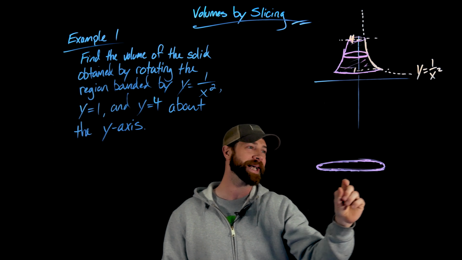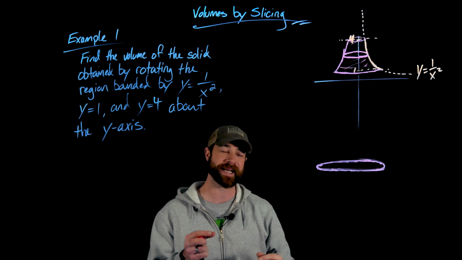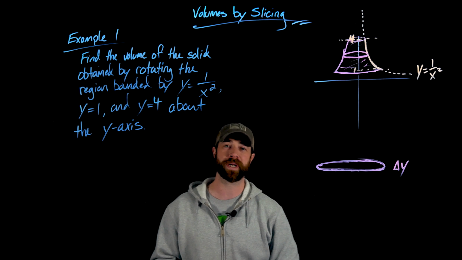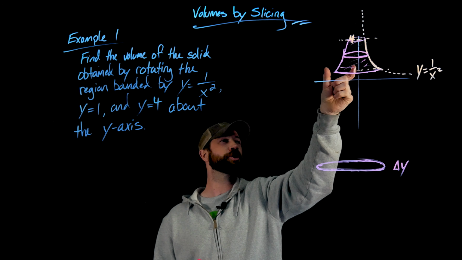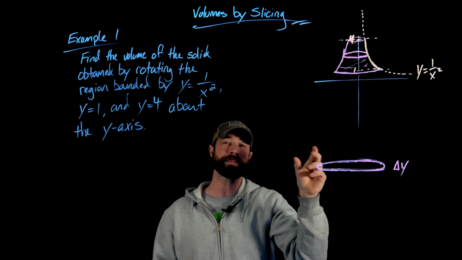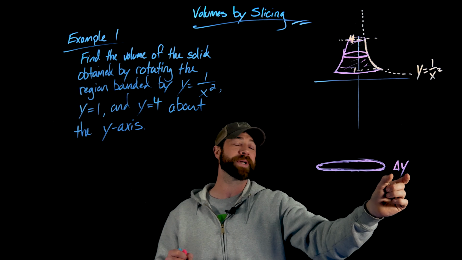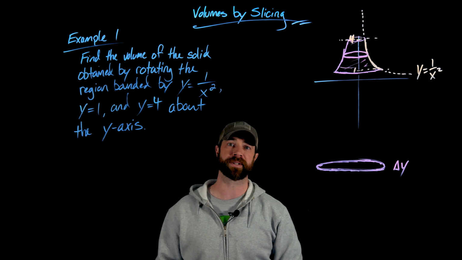The thickness of these washers is not a change in x. We would think of this as a change in y, and this is important now. With each of these washers, again, the volume is made by this width. We're thinking about the area using that previous discussion, but we're going to be doing everything in terms of y because that's the thickness of our cross sections.